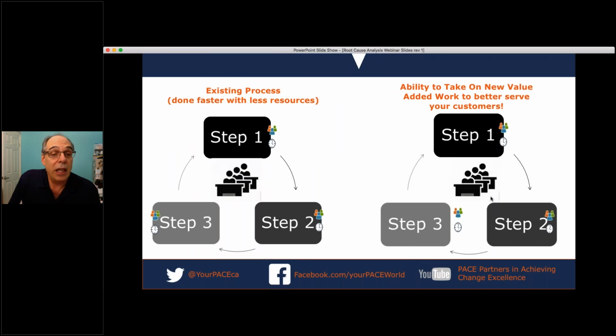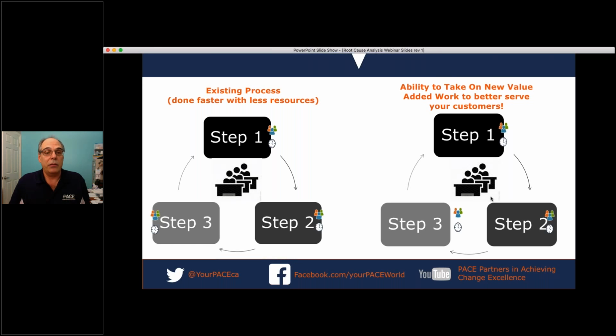So if we can take our existing process and trim it down by removing waste, we can actually extract more value from the workplace and give our customers better service, because we all have customers. It doesn't matter what you're doing, somebody is receiving a product from you, no matter what that product might be.